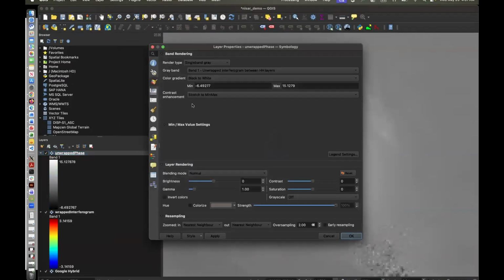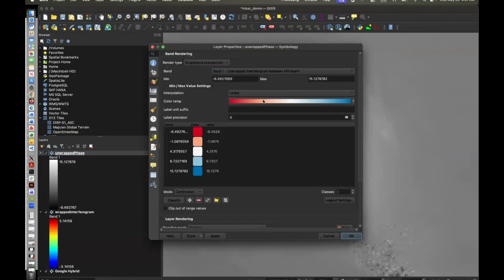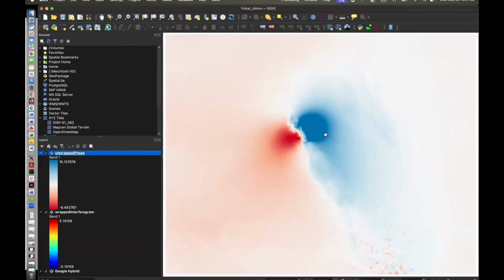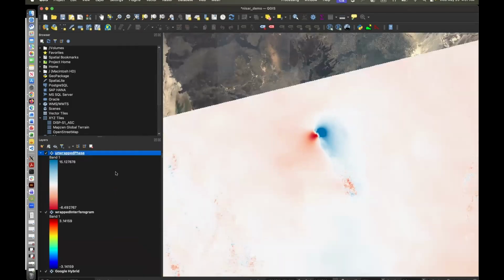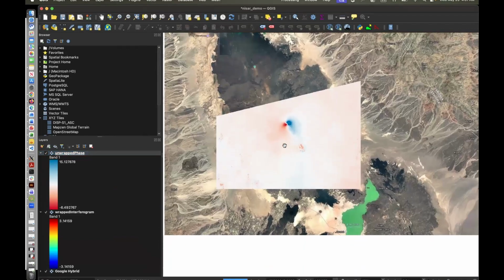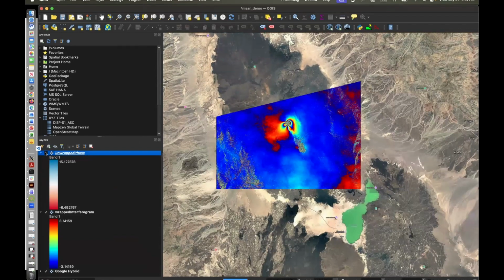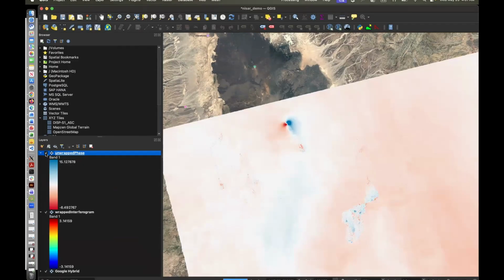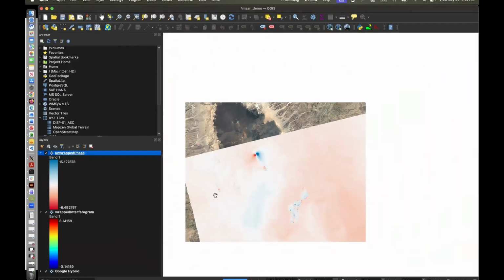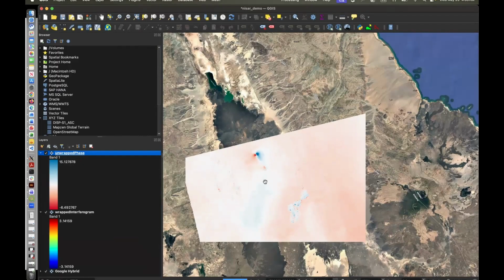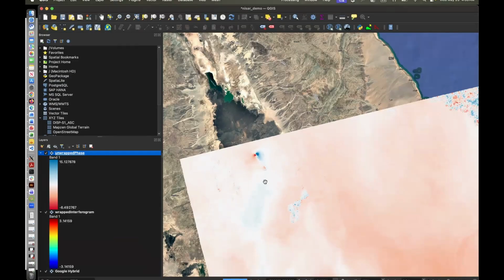And similarly, if you want to change the color, you can just click single band pseudo color, and you can just click apply, and basically that is your unwrap phase. And you can inspect it, check the data. Yeah, and that's pretty much it for downloading and visualizing the NISAR product using QGIS.